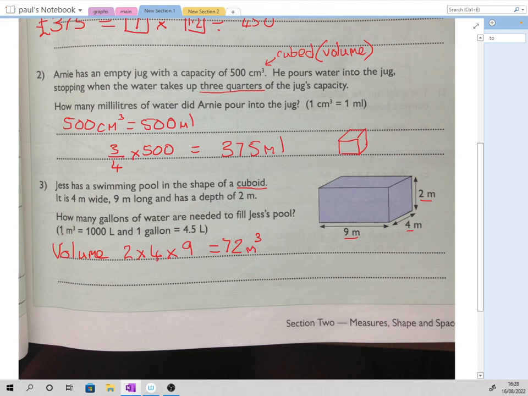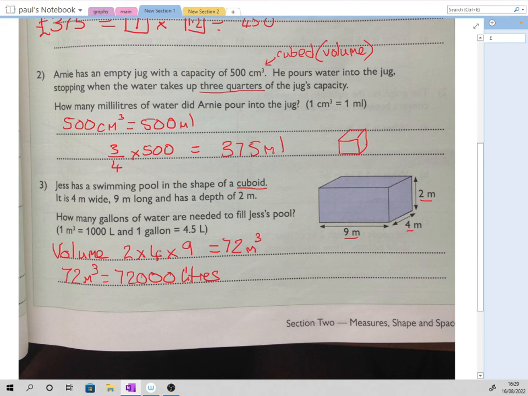Now it says here that 1 meter cubed is 1,000 liters, so 72 meters cubed will be 72,000 liters. Now, another conversion. We've gone from meters cubed to liters. Now we go from liters to gallons. 4.5 liters is 1 gallon. So let's do it like we did at the top there.